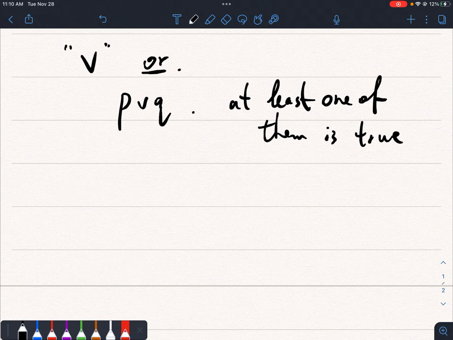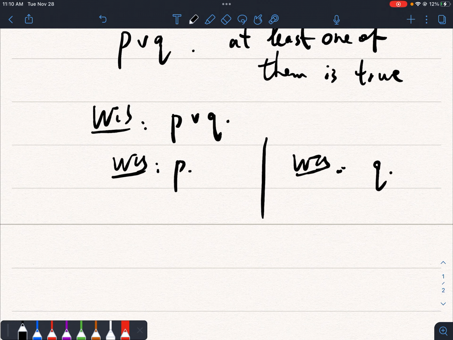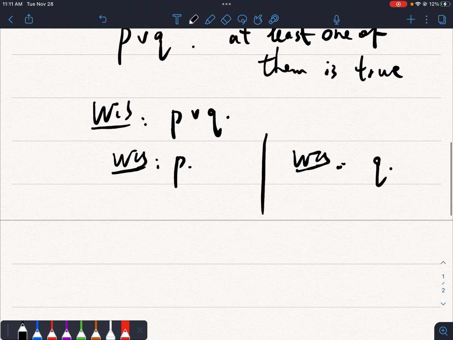Okay, so for example, if you want to show P or Q, then all you need to show is that either you show P or you show Q, just one of them. Of course you have different ways of proving P or Q is true, but for now let's just use this one. Okay, so P or Q is true if and only if at least one of them is true.